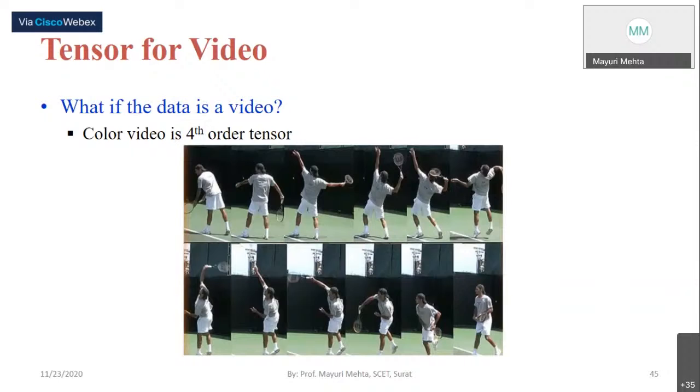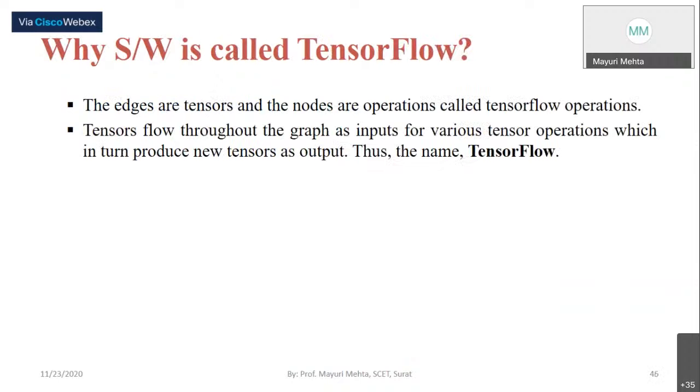So how many images? n frames are there. So the outermost dimension represents the number of frames you have created from the video, that is n. Each frame consists of 3 channels, so the second dimension has number 3. And then it depends on the resolution or number of pixels in the image. So a video is represented using a 4-dimensional tensor or a 4-dimensional array. This is how videos are represented to a machine learning model.